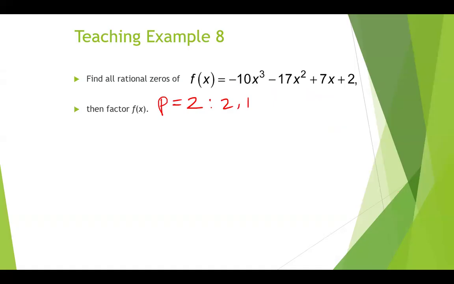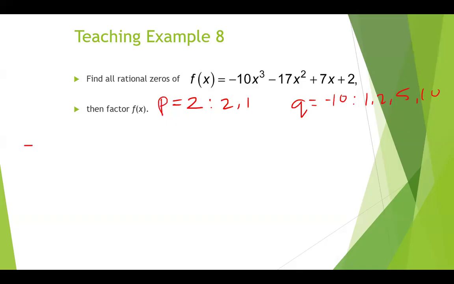Agree? Our Q is our leading coefficient, which is negative 10. The factors of negative 10 are 1, 2, 5, and 10, right?